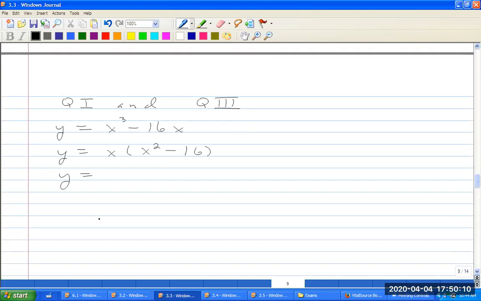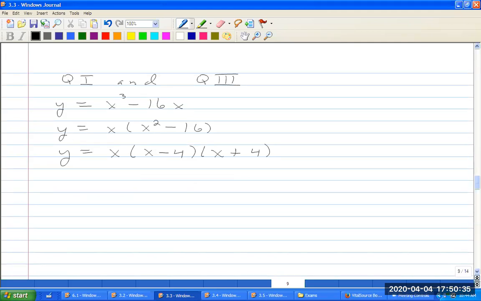So I can factor this as x minus 4 times x plus 4 using the special product formula: the product of the sum and difference of two terms is the difference of their squares. Okay, so now I've written this in factored form. So now let's try to determine the roots of my polynomial.